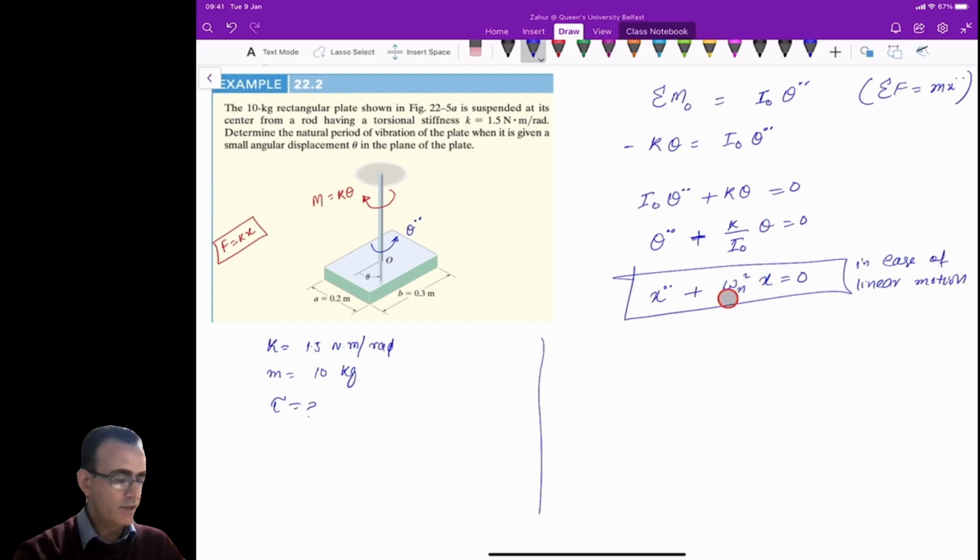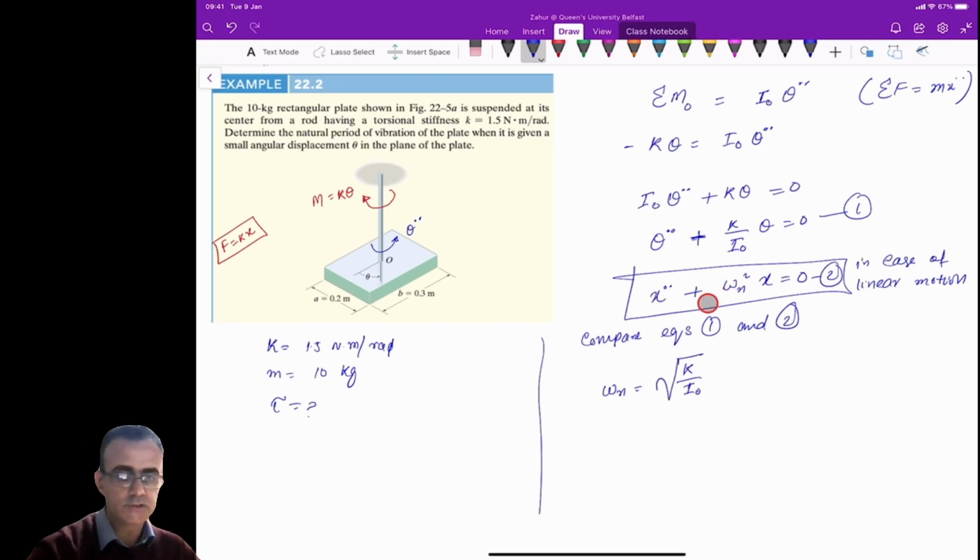Now if we compare these two equations, equations 1 and 2, we can say that omega n will be equal to the square root of k divided by I naught. This is our natural frequency for this specific case.